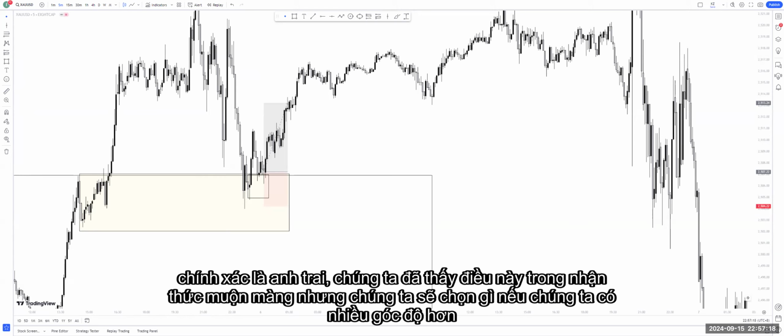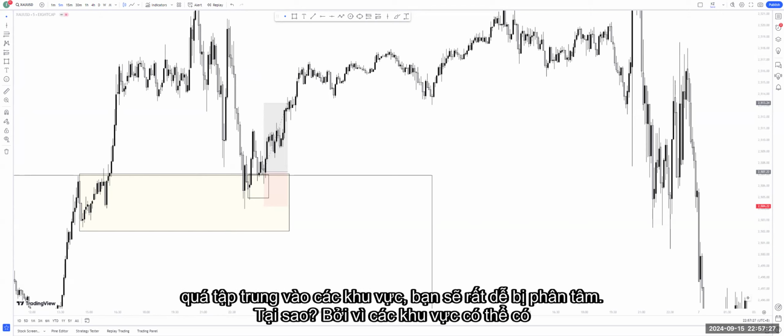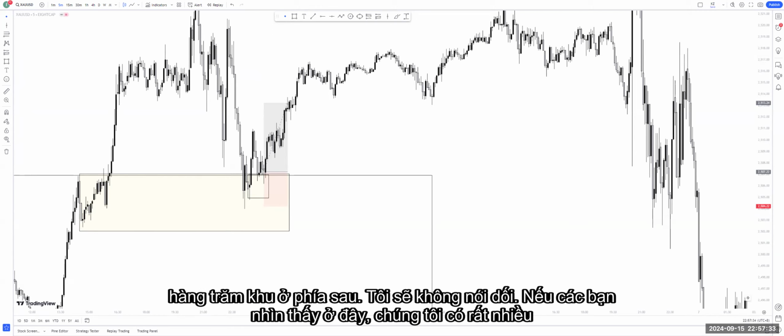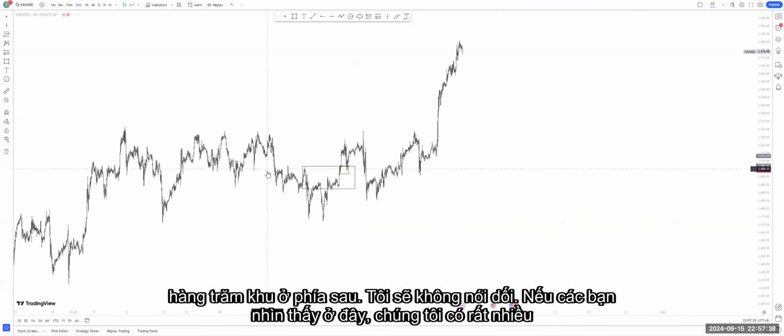But what do we choose if we have more engulfing zones in the 4 hour or in 30 minutes area? Focus on the current market price. If you put too much focus on the zones, you're gonna be so distracted, right? Why? Because we might have hundreds of zones at the back. If you guys see over here, we have a lot of zones.